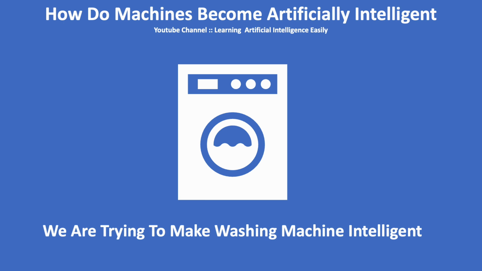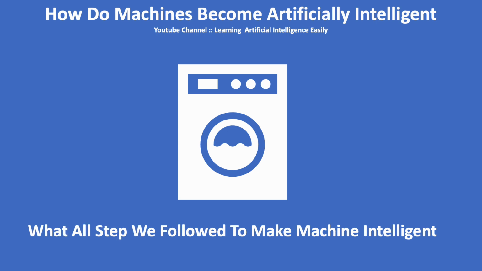I hope the word IoT is clear to you now, at least for this video discussion. So now I can say that I am almost done with all the needful steps I wanted to perform with the washing machine, to the extent of intelligence that I expect.